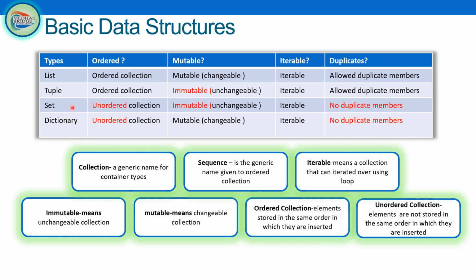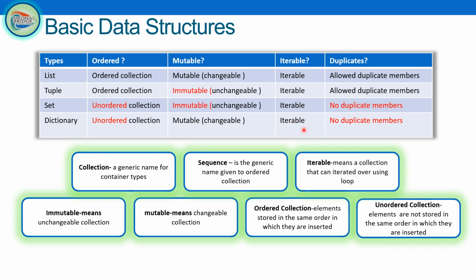Sets are unordered collection. Unordered collection means elements are not stored in the same way in which they are inserted. Set is immutable. Dictionary is unordered collection and mutable.